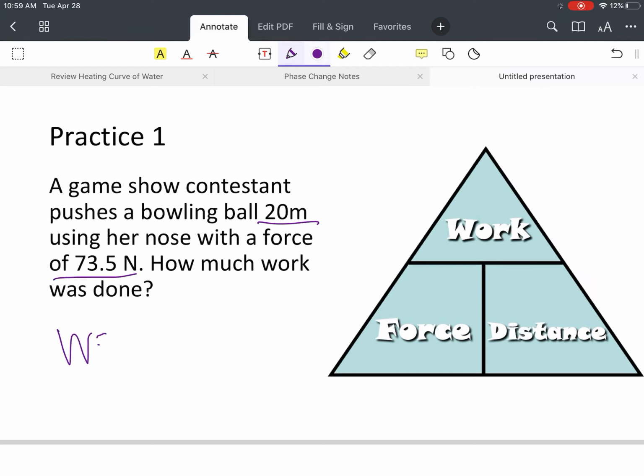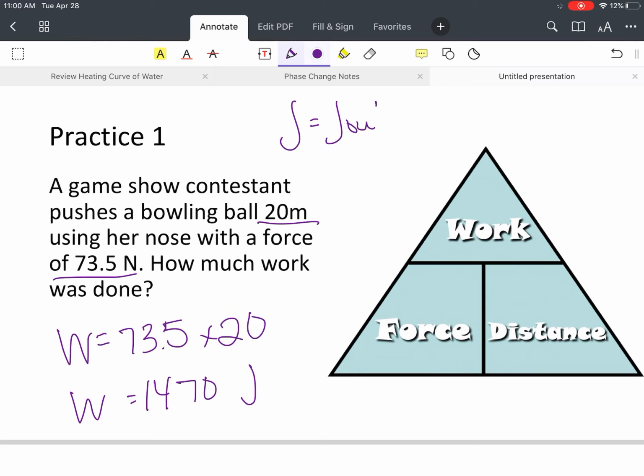How much work was done? We just plug it in and multiply those together. When I type it in my calculator, 73.5 times 20, I get 1470. And then we use the unit joule. That's what we measure work in.